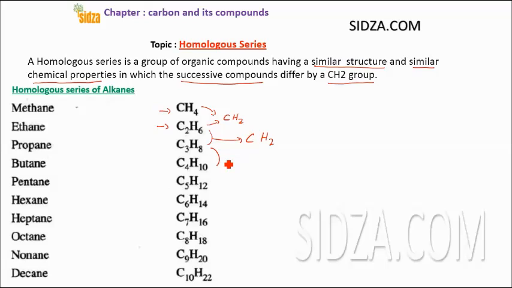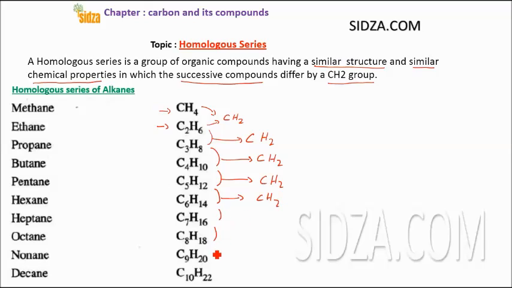C3 and C4, again the difference is one carbon and two hydrogen atoms. C4 and C5, again a difference of one carbon and two hydrogen atoms. C5, C6, again the same difference.